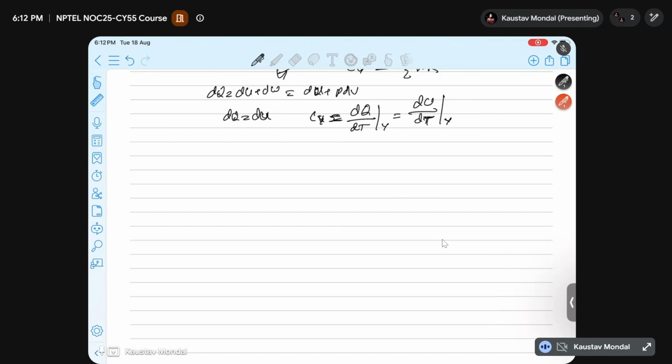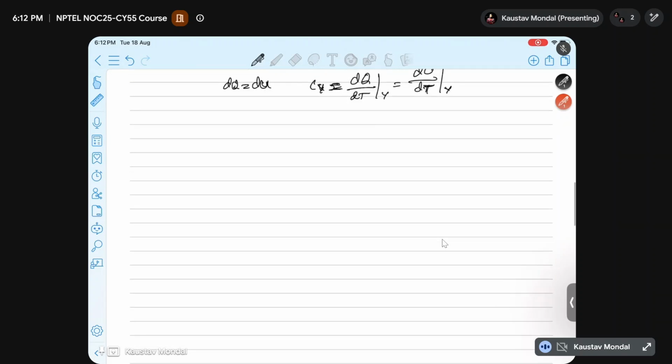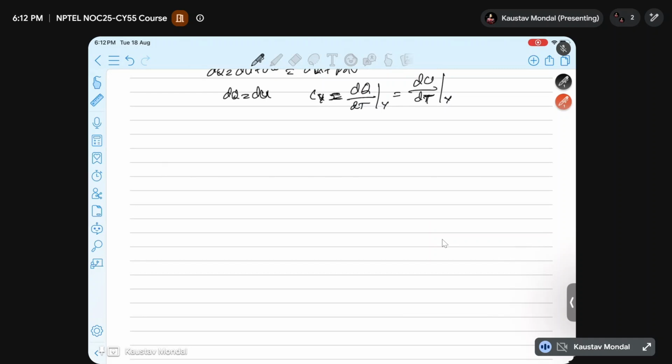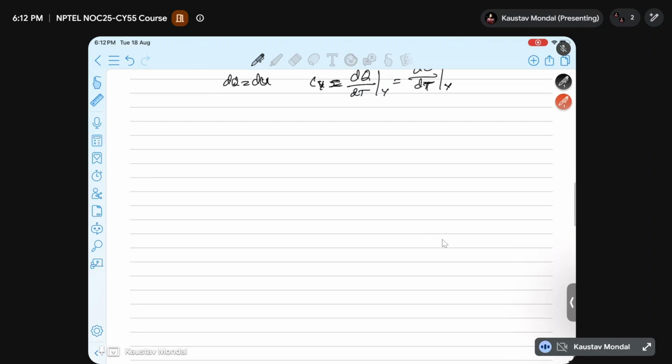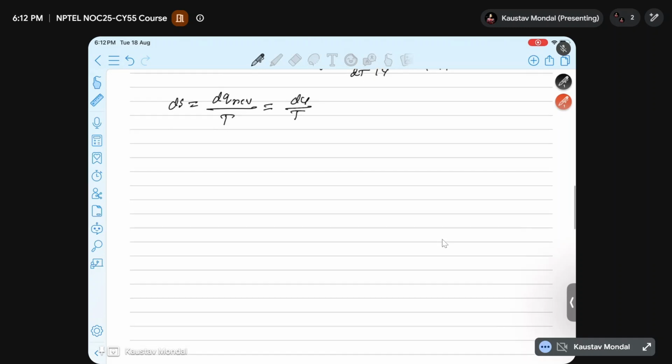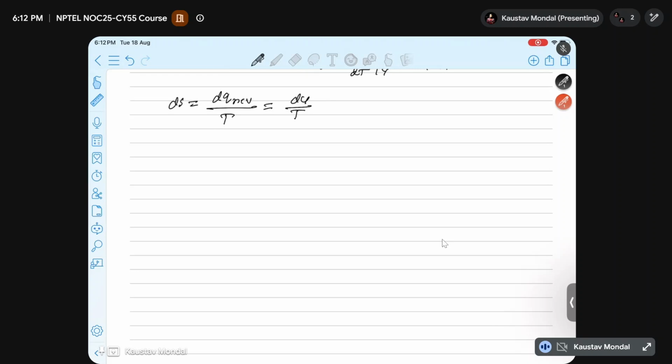So we have done some problems about it. After doing that, next, we have defined the entropy, right? So for a reversible process, we know the entropy change is related to the heat, dq reversible divided by T. So at constant volume, this dq reversible is nothing but dU by T. And you know that U equal to U0 plus summation over i of ni ei.